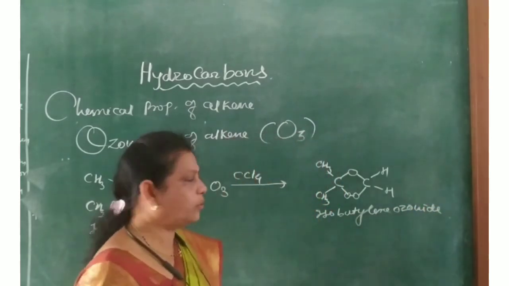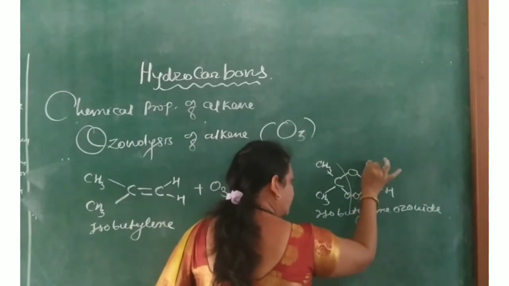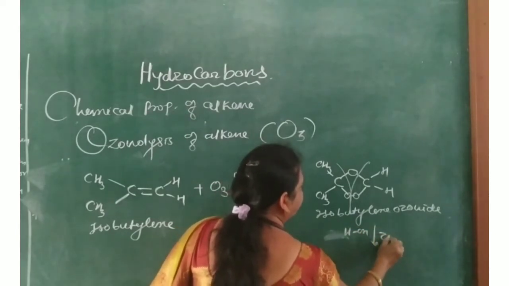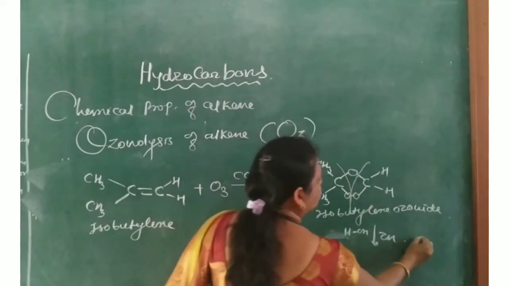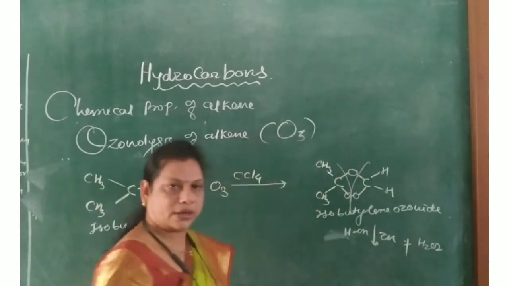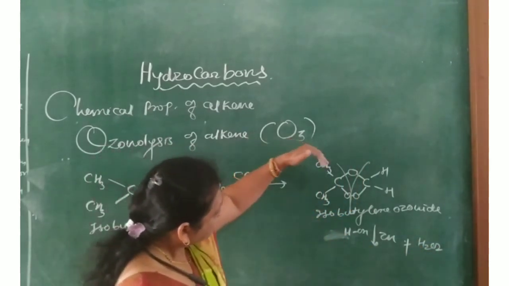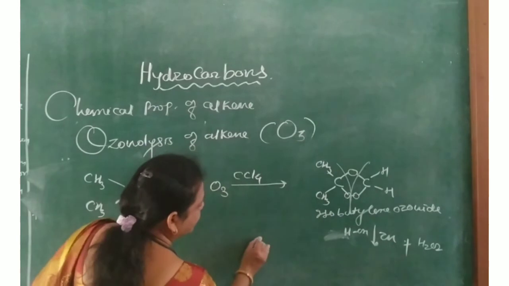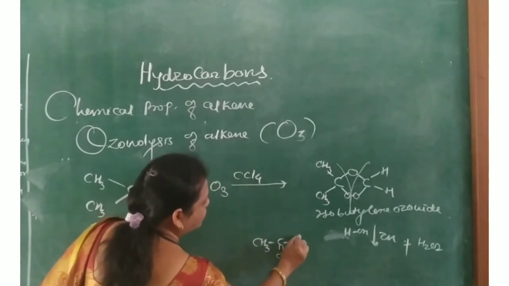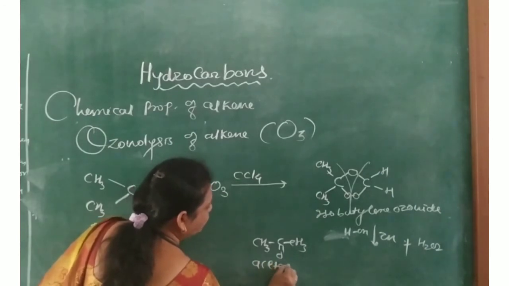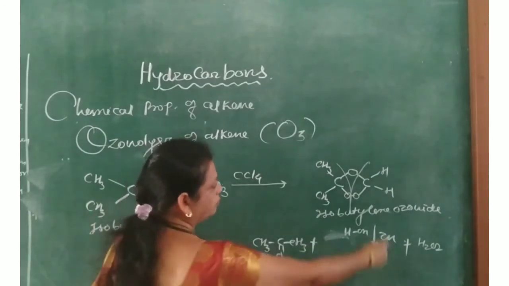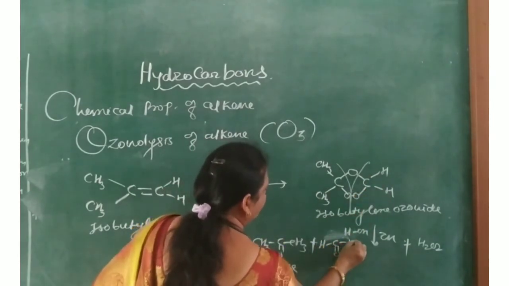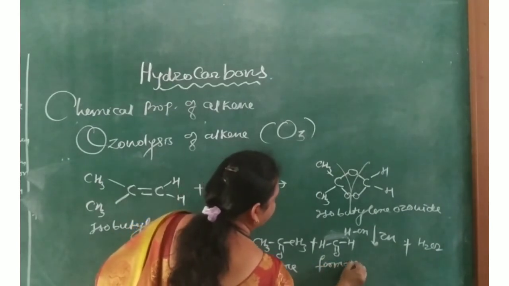Isobutylene ozonide then breaks in this way with Zn and H2O. This O combines with H2O to form H2O2, which is the byproduct. Then CH3 C double bond O CH3, so acetone is obtained, plus H C double bond O H, that is formaldehyde.